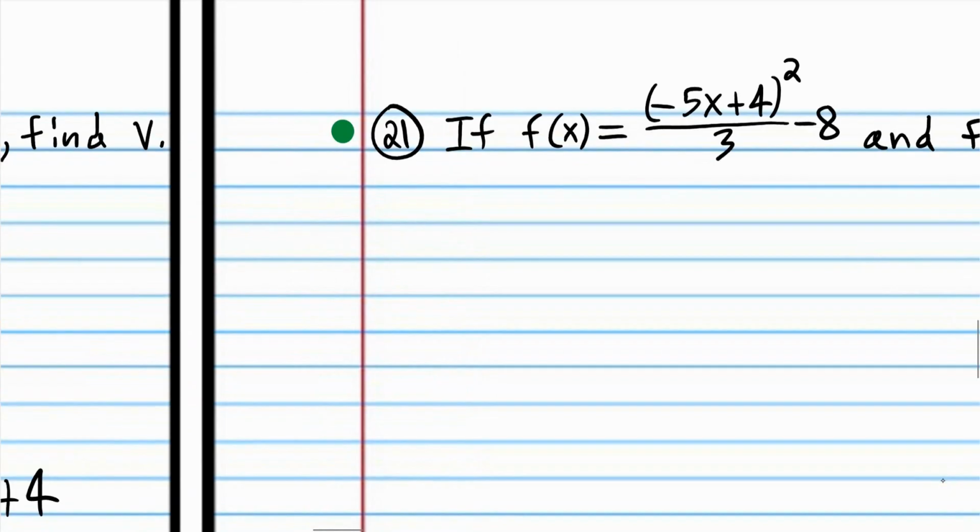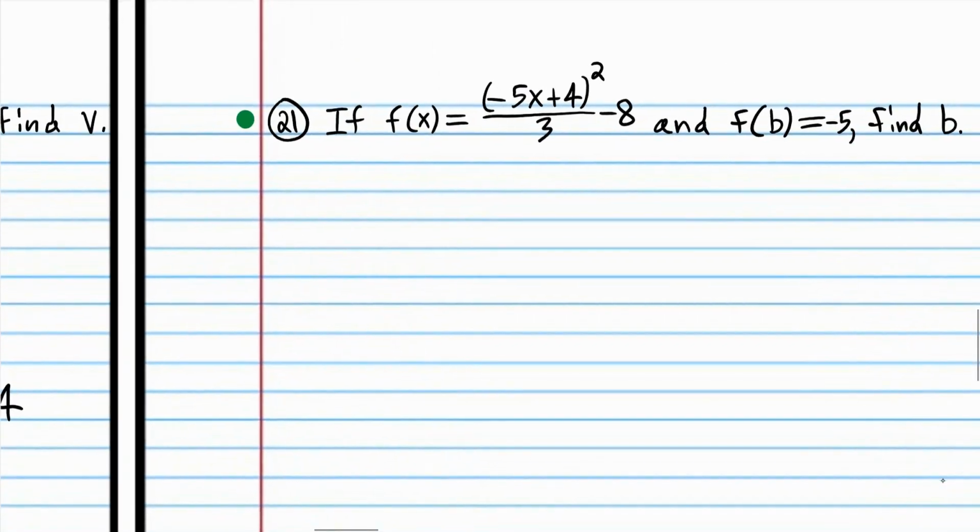Alright, we're back. So we know that f of x is equal to negative 5x plus 4 squared over 3 minus 8.